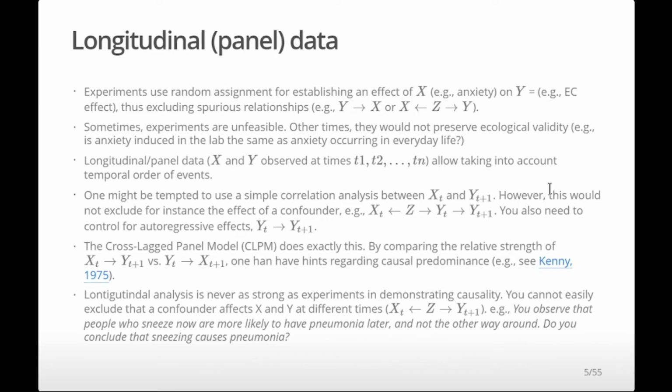So what could you do? Well, you check whether X predicts Y after controlling for the autoregressive effect of Y. And then this should be more informative. What you also do is you predict X from Y, controlling for the autoregressive effect of X. If you do this, you have a cross-lagged panel model.